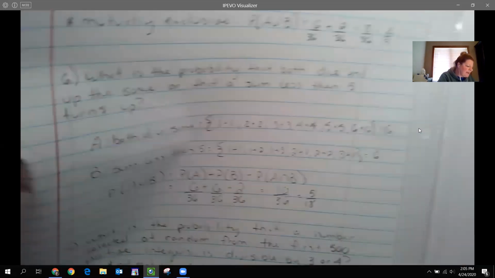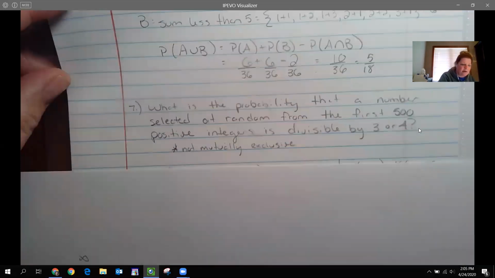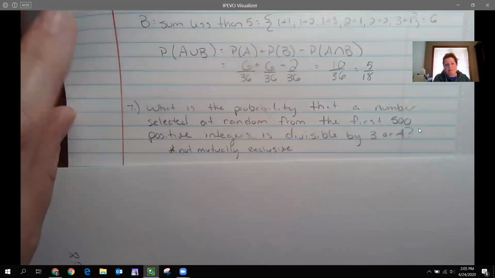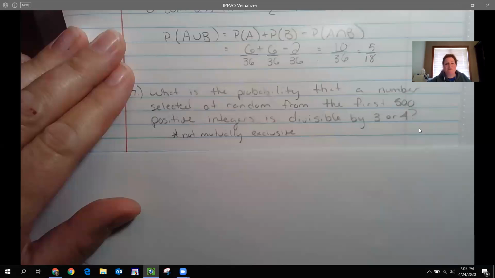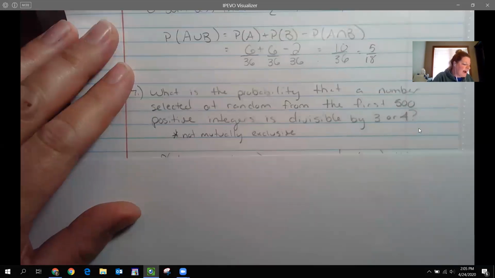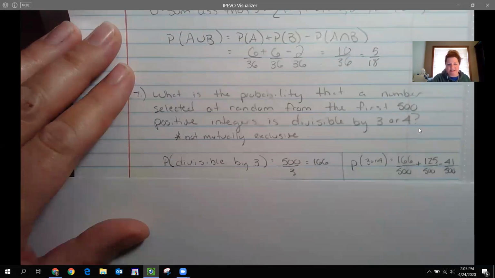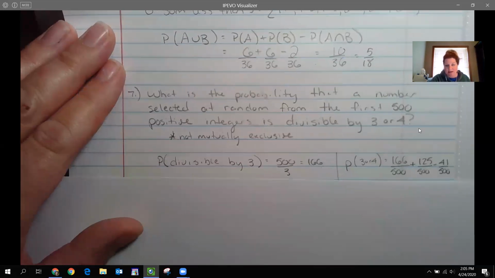So my next problem here. What is the probability that a number selected at random from the first 500 positive integers is divisible by 3 or 4? These are not mutually exclusive, okay? So how do we know if something's divisible by 3?